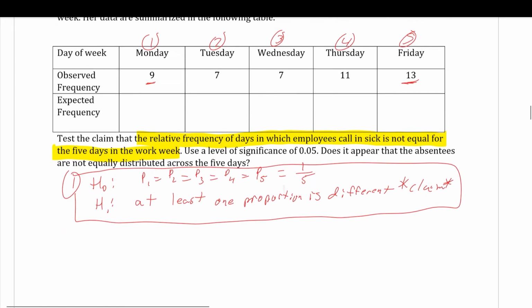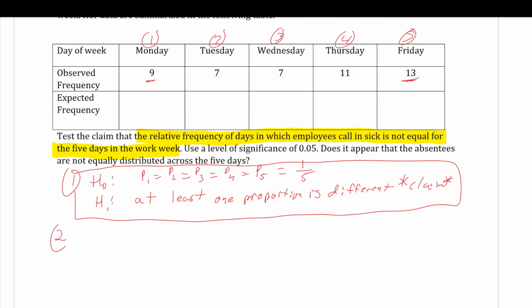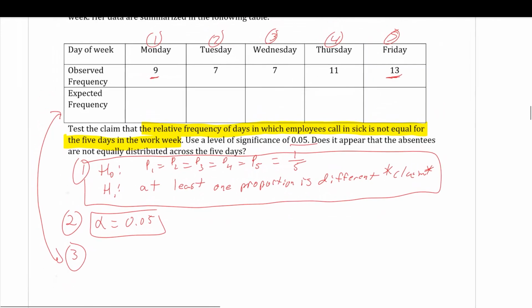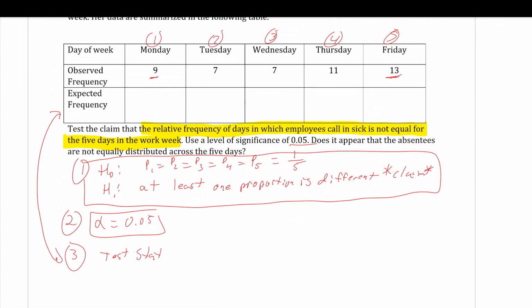All right, so step 2 is our significance level, which I believe they say is, yeah, right there, 5%. Step 3 is really coming up with these expected counts and then calculating the test stat. So the expected counts are part of that. All right, so we're going to come up with our test stat here. And to find the expected counts here, well, for E1, it's going to be n times P1.